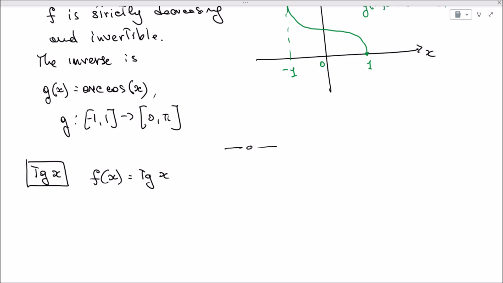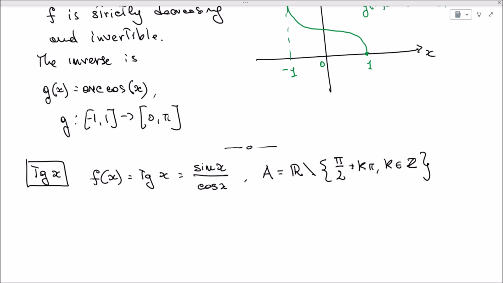But the tangent of x, remember, is defined as sine of x divided by cosine of x. So now we should consider that this in general is defined on a subset of the real numbers given by all the real numbers except the angles pi over 2 plus k pi for any k belonging to the signed integers.